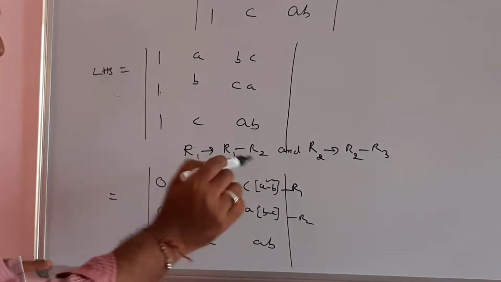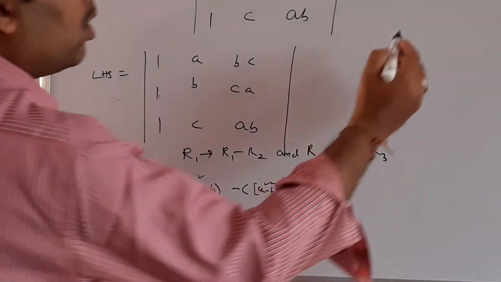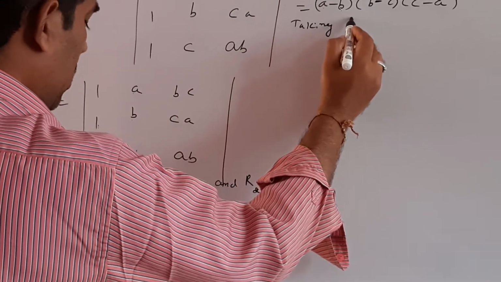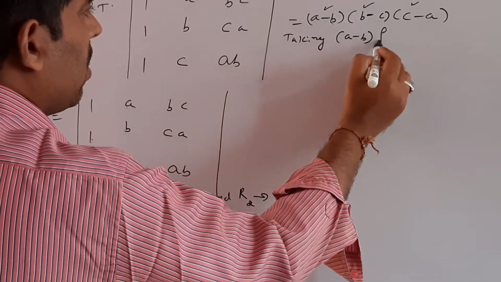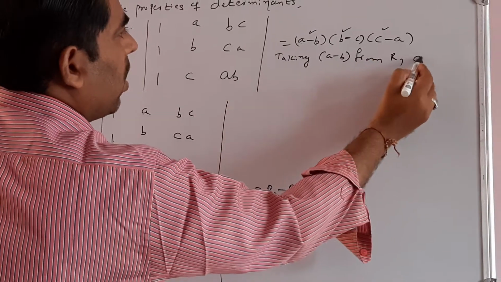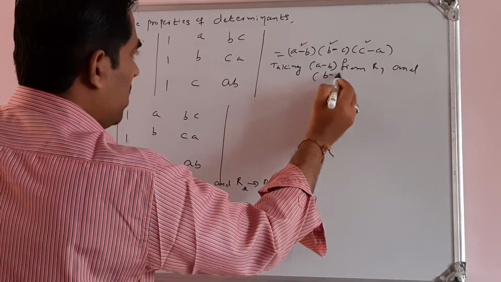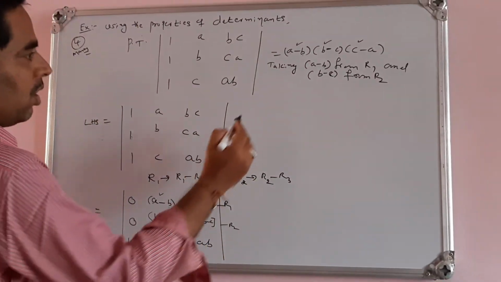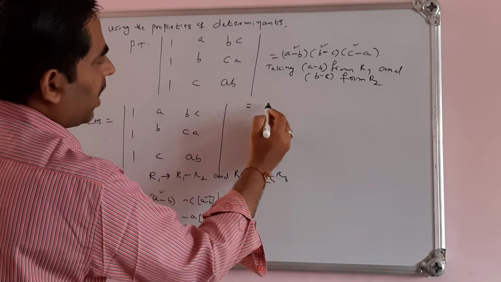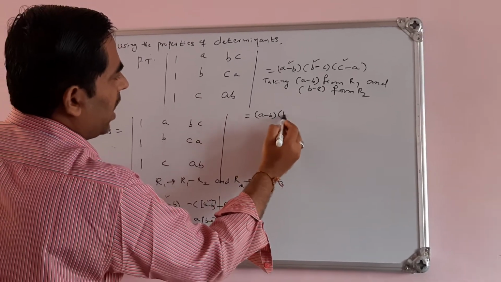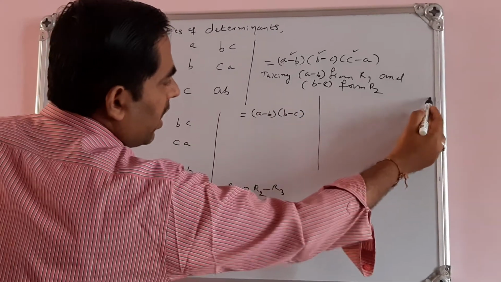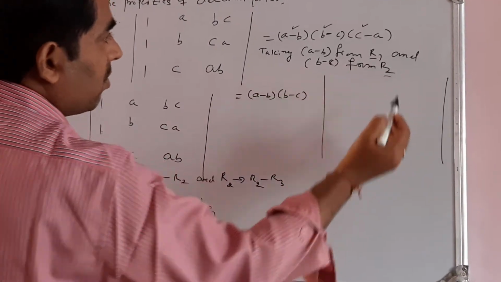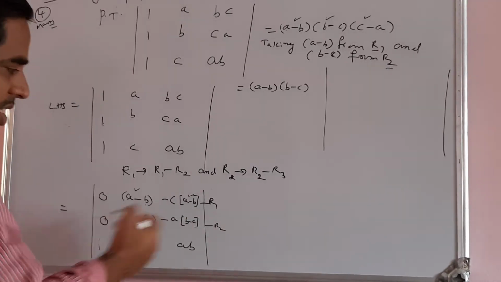So I can take A minus B from R1 and B minus C from R2. I will take A minus B outside, B minus C, then write the determinant. Row wise means horizontally, we have taken the common elements from rows.